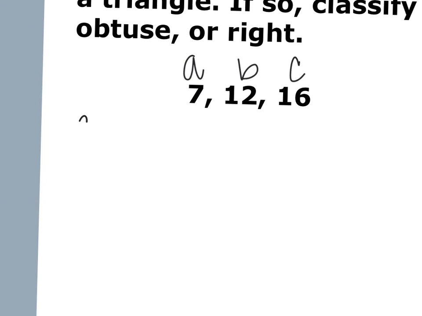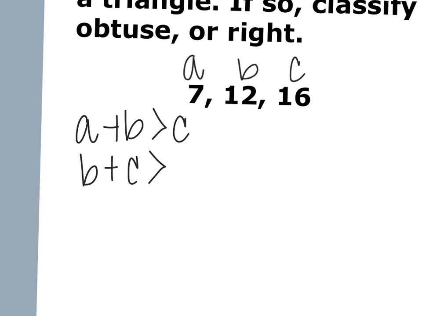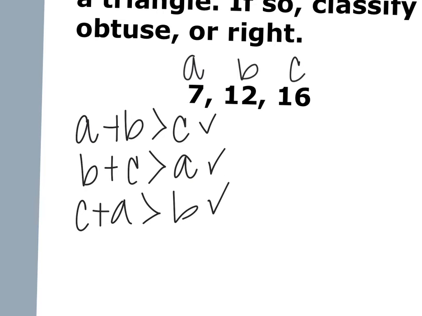We need to make sure a plus b is greater than c, b plus c is greater than a, and c plus a is greater than b. a plus b is 19. 19 is greater than 16, so that's true. 12 plus 16 is greater than 7, that's true. 16 plus 7 is greater than 12, so that's true. So yes, we have a triangle.